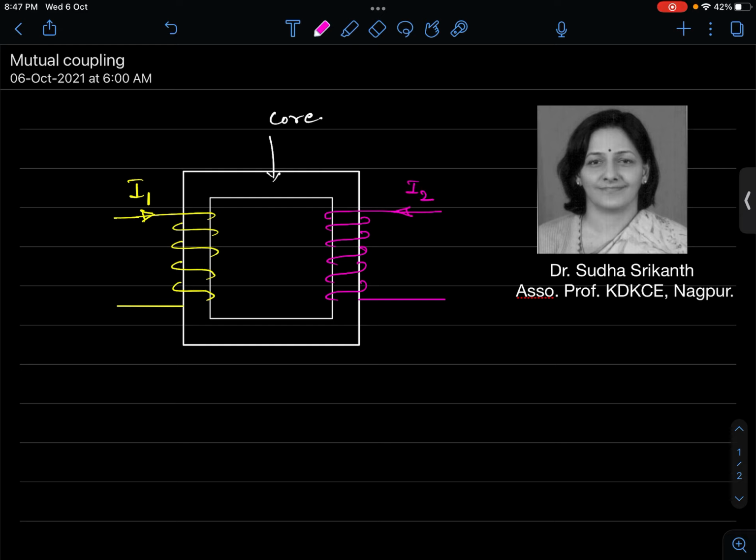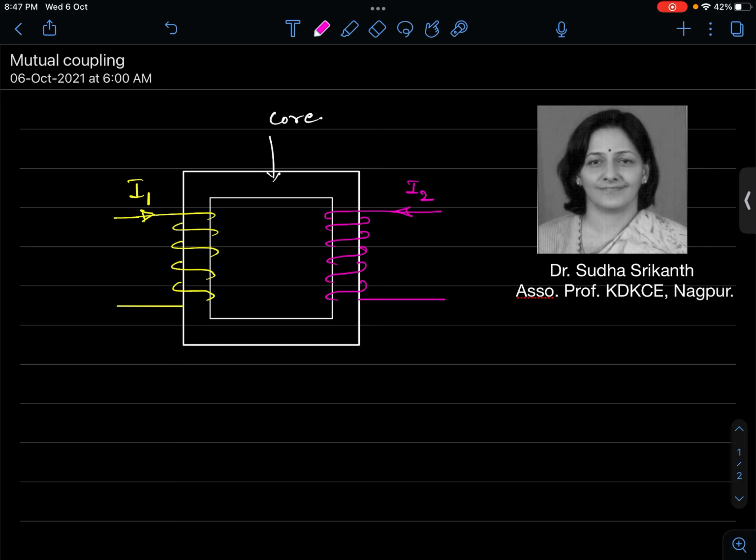We can easily see that the current flowing in the yellow coil is in the clockwise direction, whereas the current I2 is in the anti-clockwise direction. We know from Fleming's right hand rule that the flux produced by the coil depends on the direction in which the current flows through the coil, isn't it?